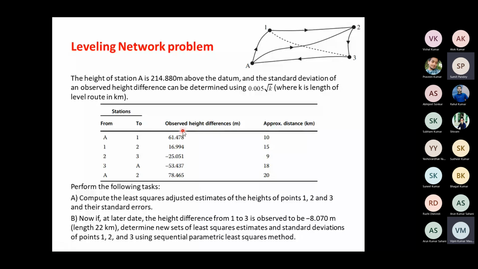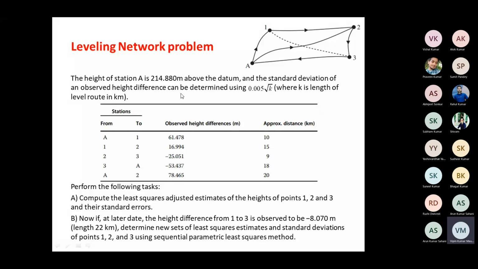Your answer should not be like 173, because the difference is 61. If you go negative, 214 minus 61, then it will be around 150 to 160. It will not be around 173. Is it clear to you?